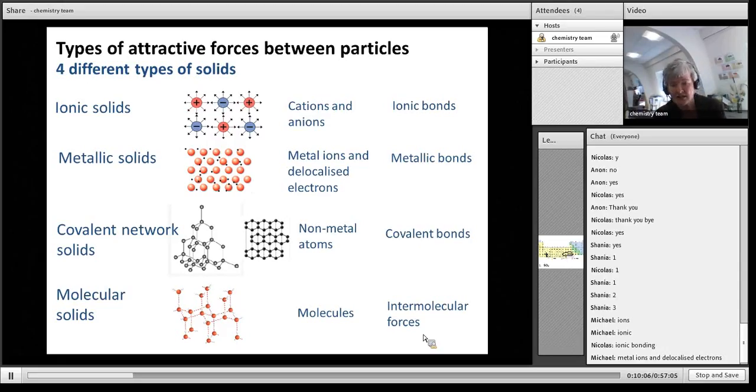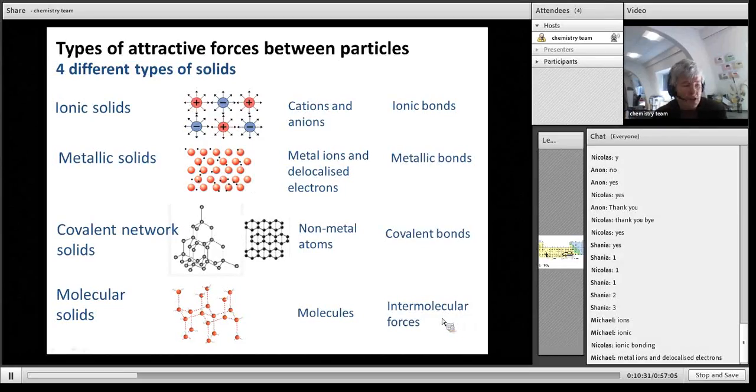So it's between my computer here and where you're sitting in all your different homes or wherever you are. So can you see inter is between things? So it's between the molecules. I don't know if that will help you remember what intermolecular is: between the molecules.